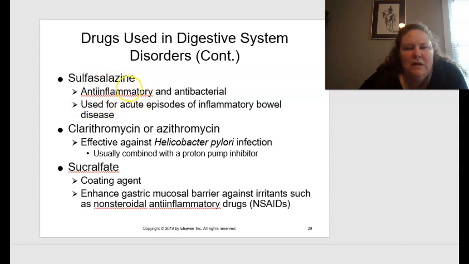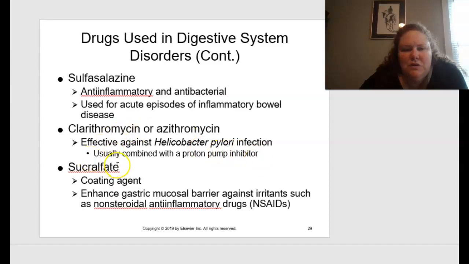Sulfa drugs, right? These are anti-inflammatories and antibacterials, and these can be used for acute episodes of inflammatory bowel disease. Clarithromycin and azithromycin are going to be effective against Helicobacter pylori or H. pylori infection, and usually this is going to be combined with a proton pump inhibitor.